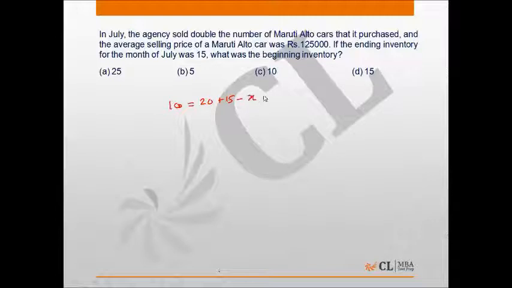Suppose it is x. From here, the value of x comes out to be 35 minus 10, which is 25. So the beginning inventory of Maruti Alto in July was 25. Therefore, option A is the correct answer.